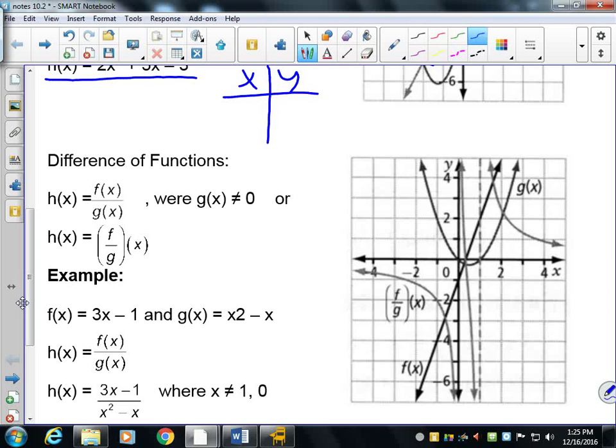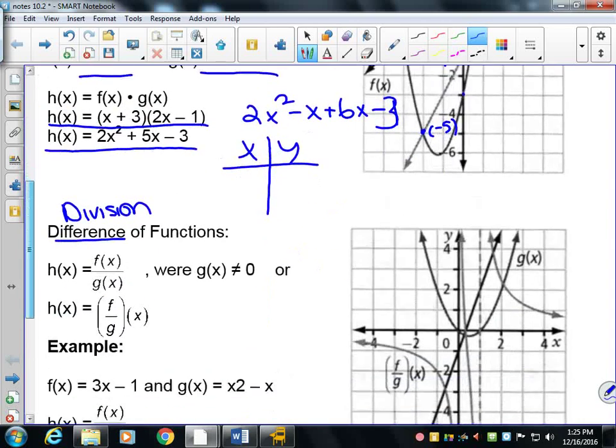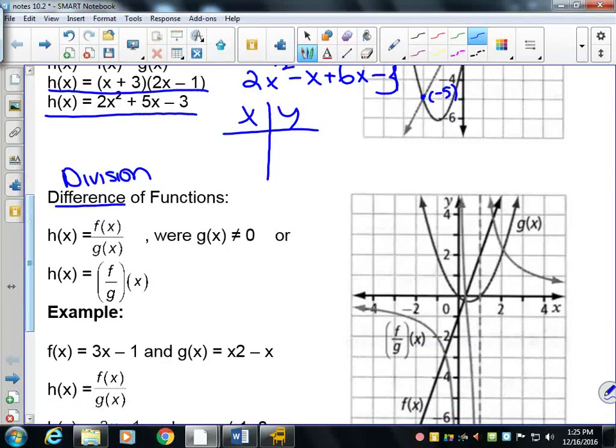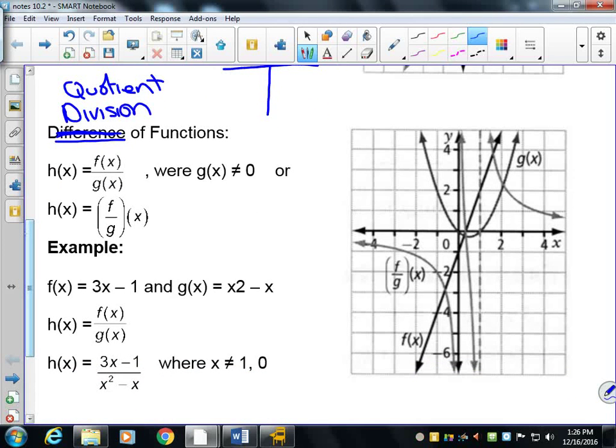The division of functions. Does yours say difference or does it say division? Because isn't difference subtraction? Okay. It should be the division or quotient if you want to go there. That's basically dividing.